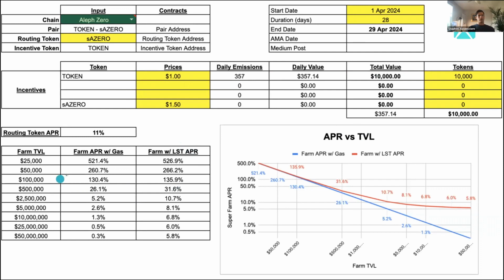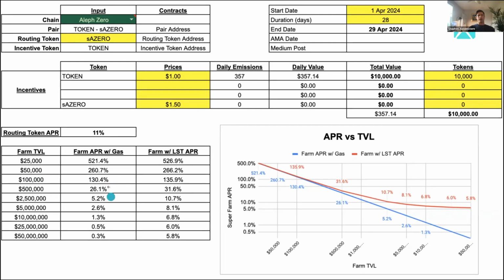So if you do, there are swap fees that people are going to earn, and this is analyzing and helping you plan what you'll get from that farm, helping set expectations. So on top of the swap fees, when people stake their LP, if $100,000 worth of LP was staked in, that would actually be generating an incremental 130% for those LP tokens.